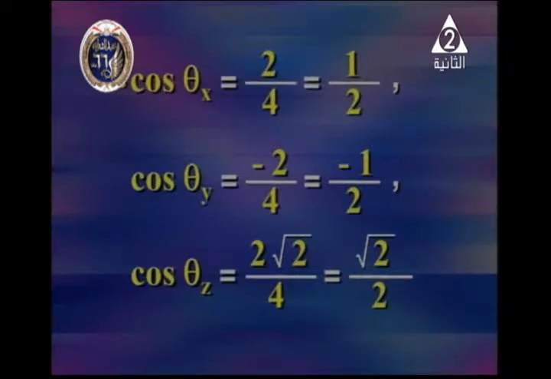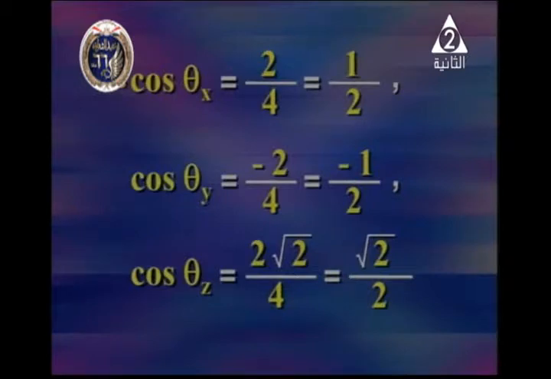Also, cosine theta y, by using the calculator, theta y equals shift cosine of negative 1 over 2 equals 120. Also, cosine theta z equals √2 over 2. What is the angle? It's 45.